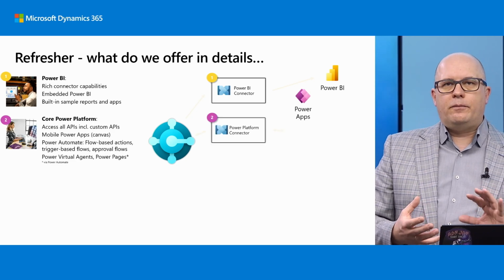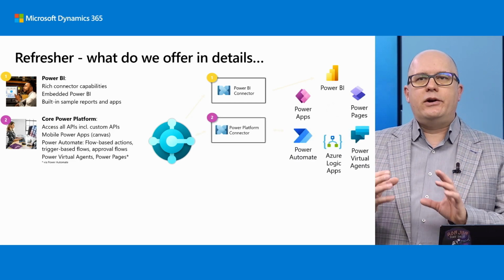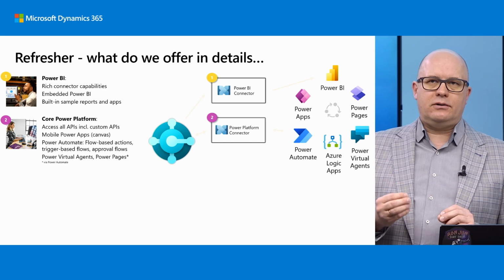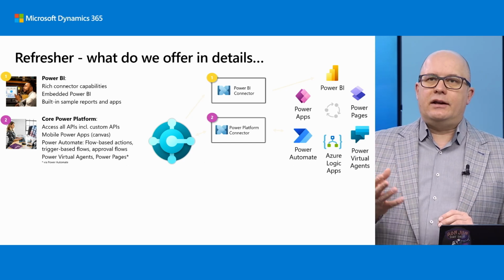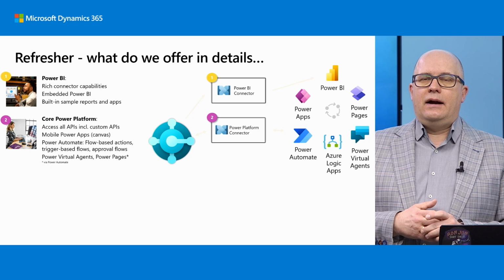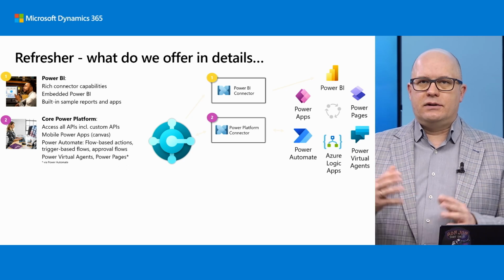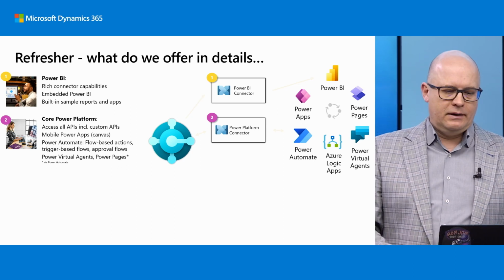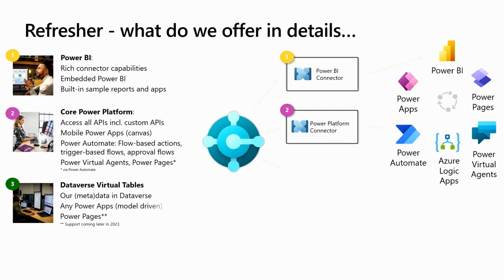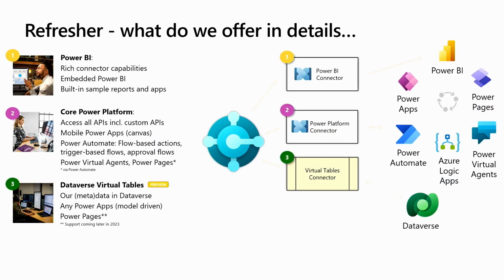For the core Power Platform integration, this is where you would be using the Power Platform connector. And in that way, you can build different experiences using different tools from Power Platform using our connector. We also have Dataverse Virtual Tables technology that allows you to visualize data from Business Central in Dataverse.